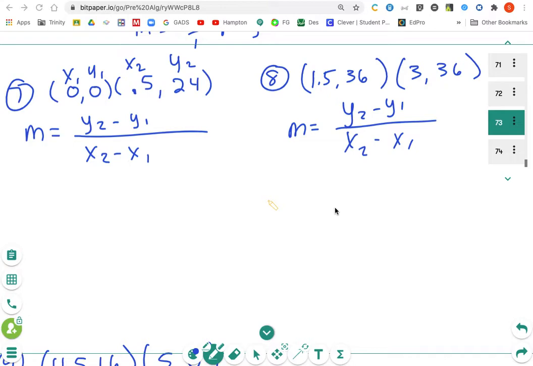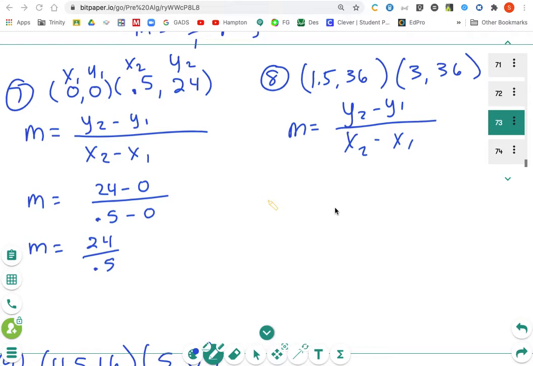Now we're going to do m equals 24 minus 0 over 0.5 minus 0. M equals 24 divided by 0.5.